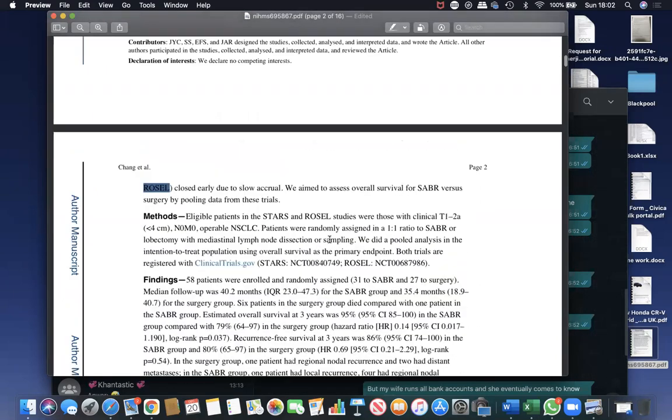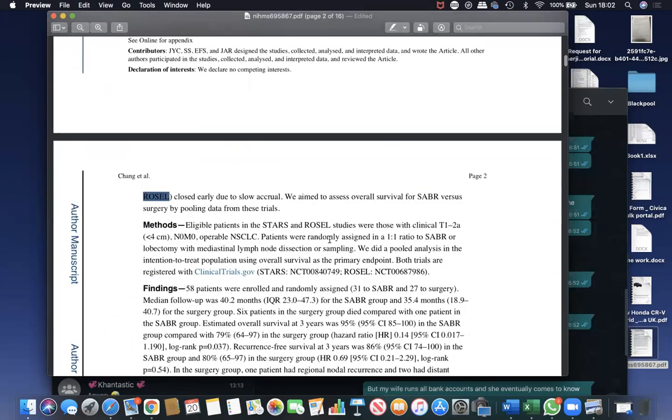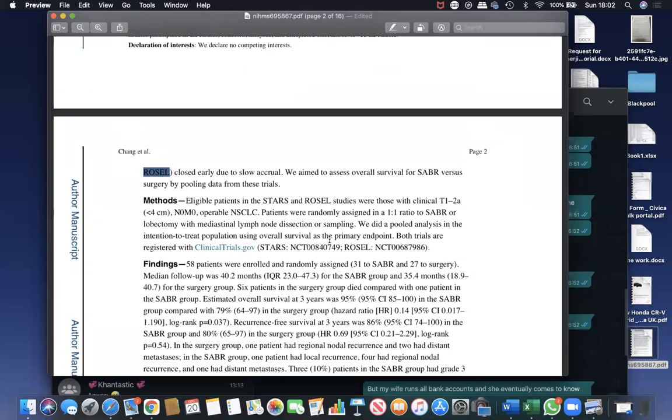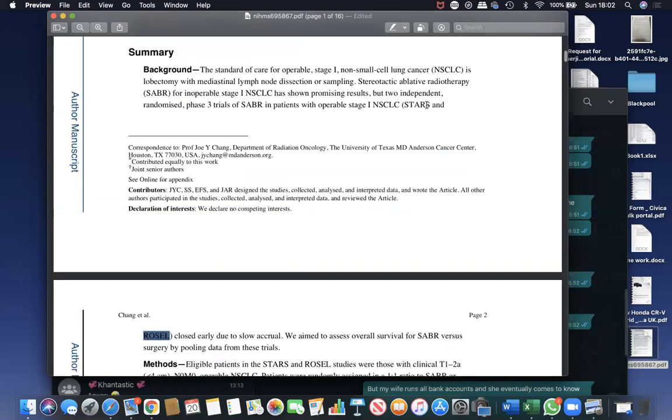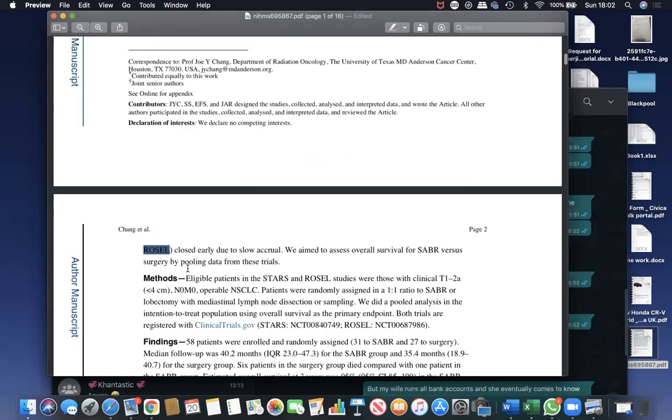They don't want us to cross-refer to those things. No, actually, I will cross-refer. The moment I see STARS and ROSEL, I will quickly Google, because I don't know what it is. Why do you think they use the words STARS and ROSEL without explaining the full form? See, you write about the MARS trial for mesothelioma, and when you write the paper, you say mesothelioma and radical surgery.